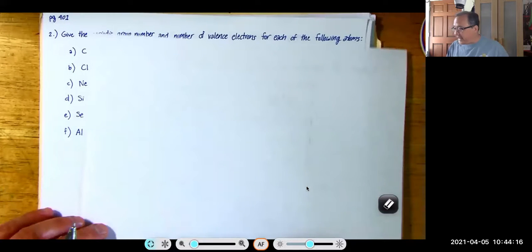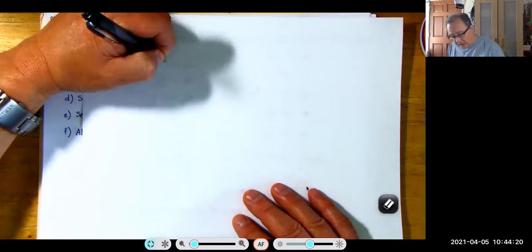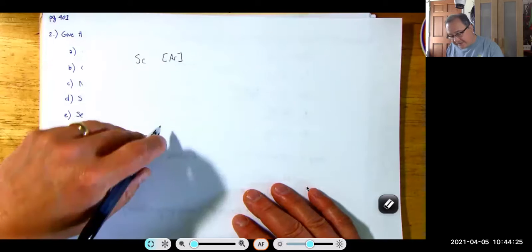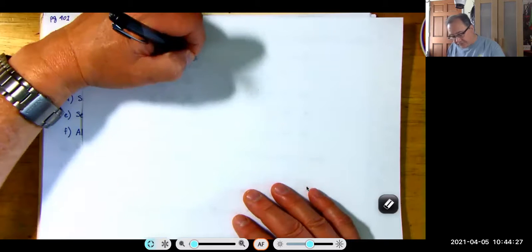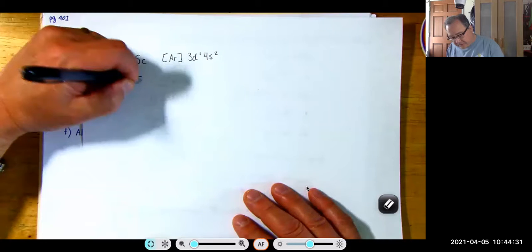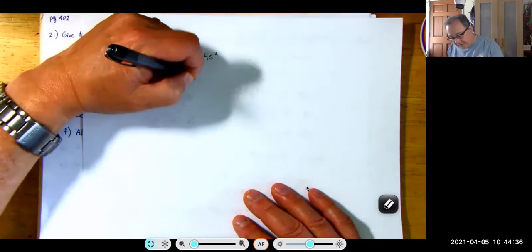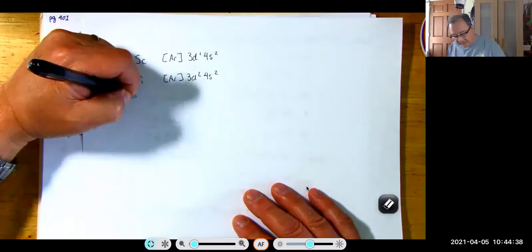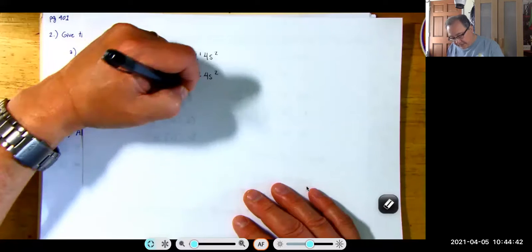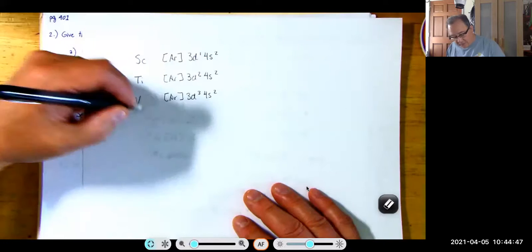So let's look at scandium. Scandium is argon 3d1, 4s2. Titanium is argon 3d2 4s2. Vanadium is argon 3d3 4s2. Now, chromium is weird.